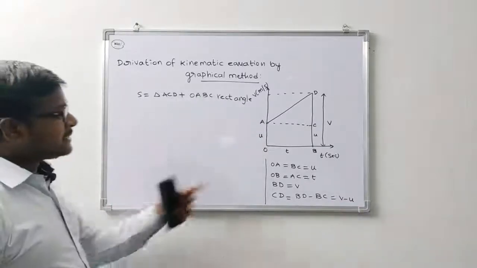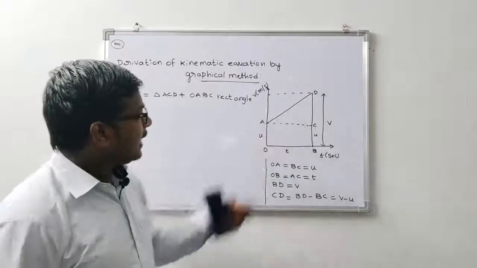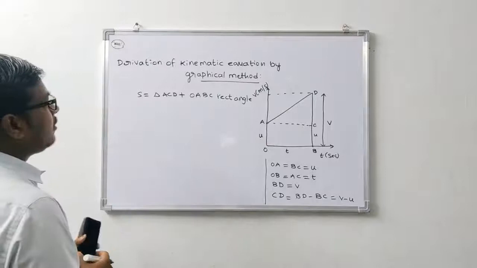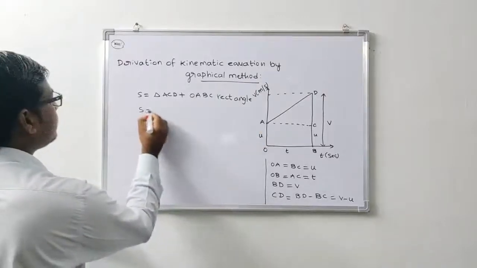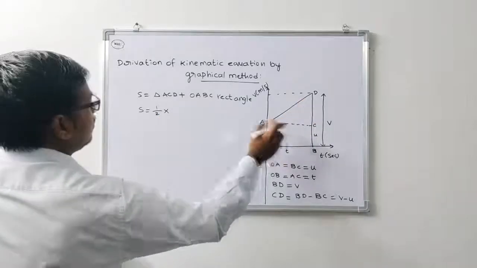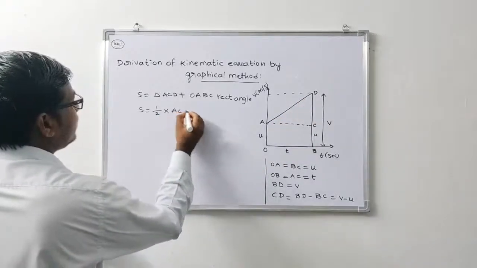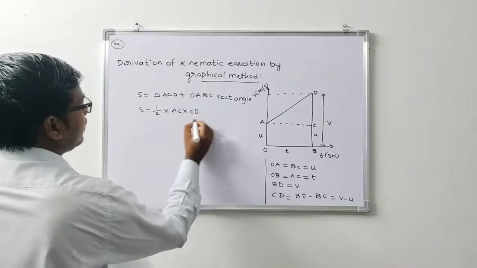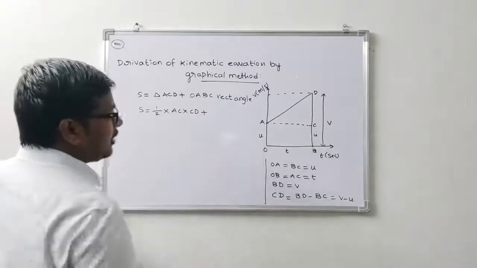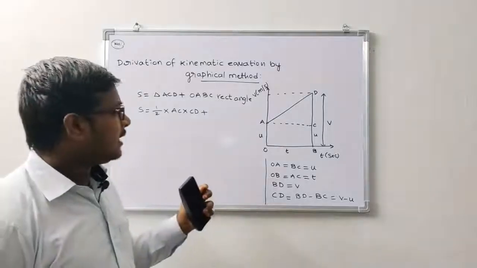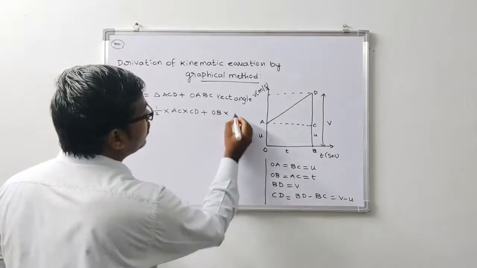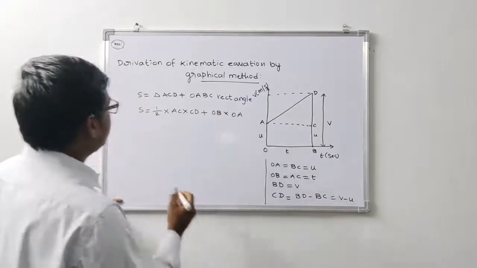Okay, the displacement is equal to the total area: triangle ACD, half into base AC into height CD, plus rectangle OABC, area of rectangle formula length into breadth, length is OB, OB into OA.